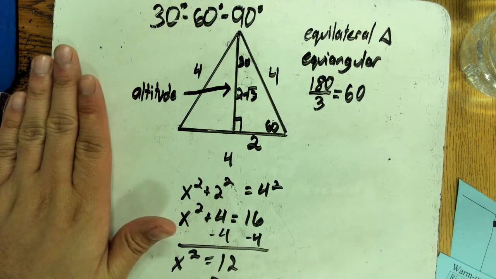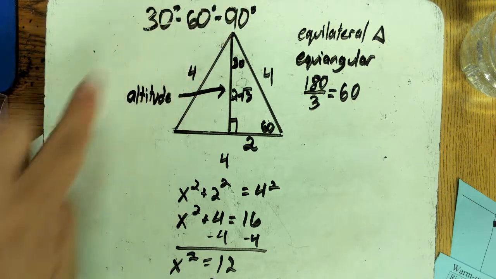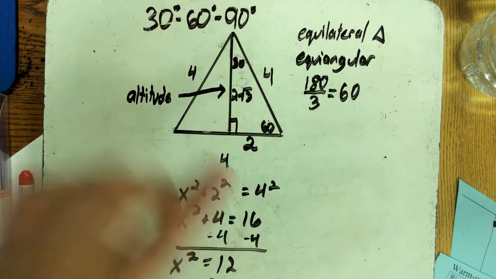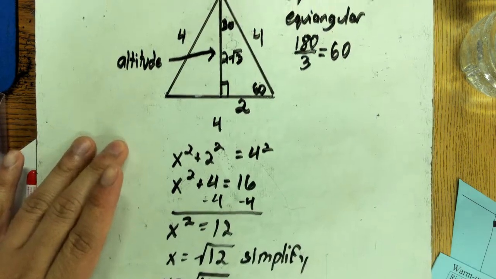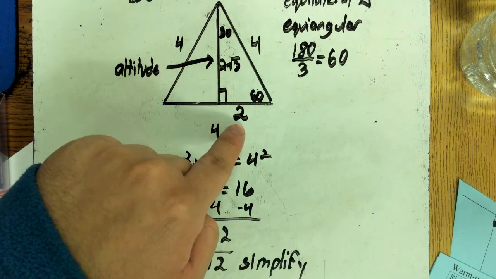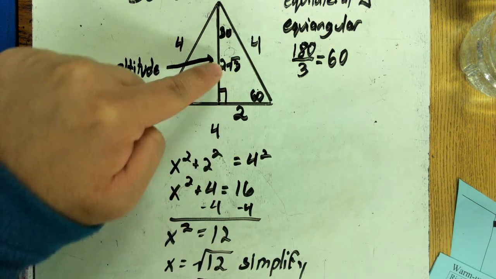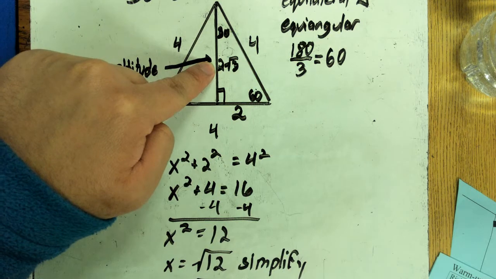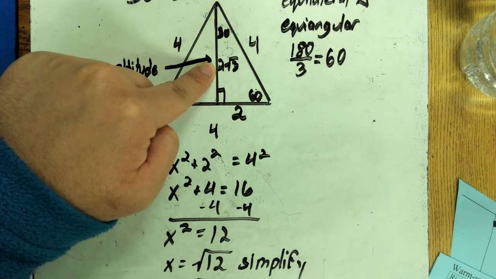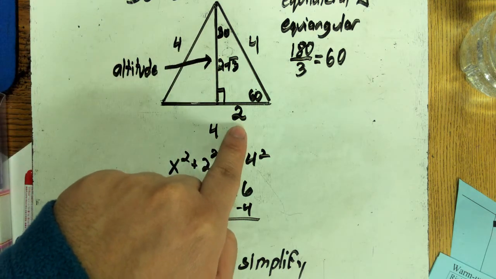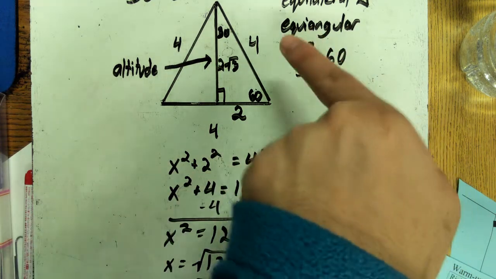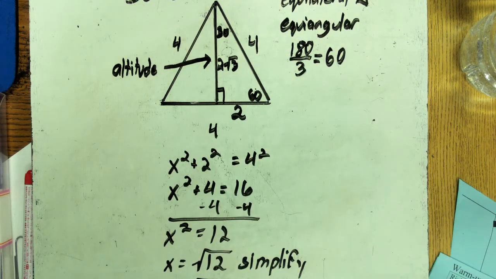So a 30, 60, 90 triangle comes from an equilateral triangle cut in half. Using Pythagorean theorem helps us figure out that if your base side is 2, then your altitude is 2 times square root 3. And we can see that the base side is 2, your hypotenuse is twice that, which is 4.